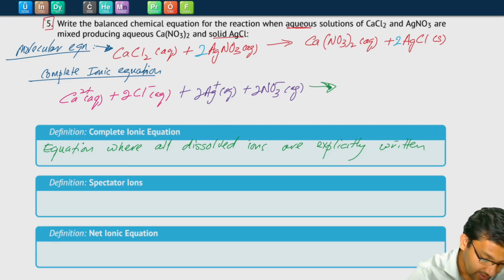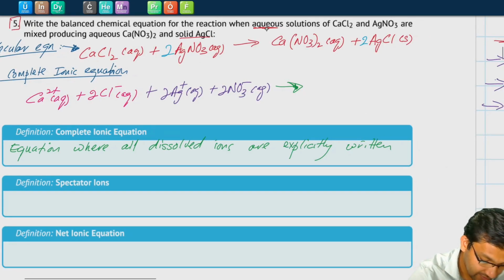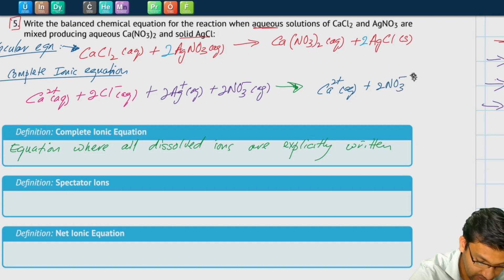On the other hand, we have Ca(NO3)2 aqueous, so that breaks apart into Ca2 plus again, aqueous, plus 2 times the NO3 minus, aqueous. Again, we have two 1 minus charges and the 2 plus charge, so that balances out.